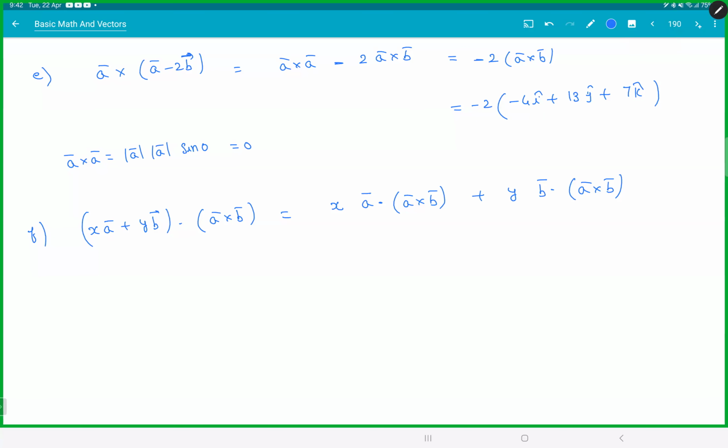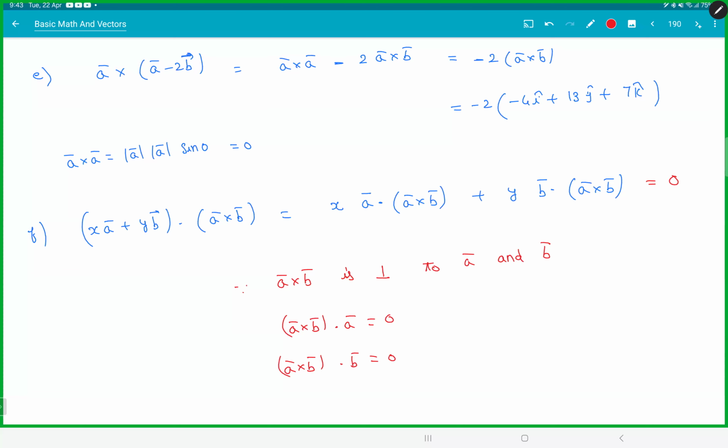If two vectors are perpendicular, then the dot product is 0. Since A cross B is perpendicular to A bar and B bar, A cross B dot A must be 0, and A cross B dot B is 0.